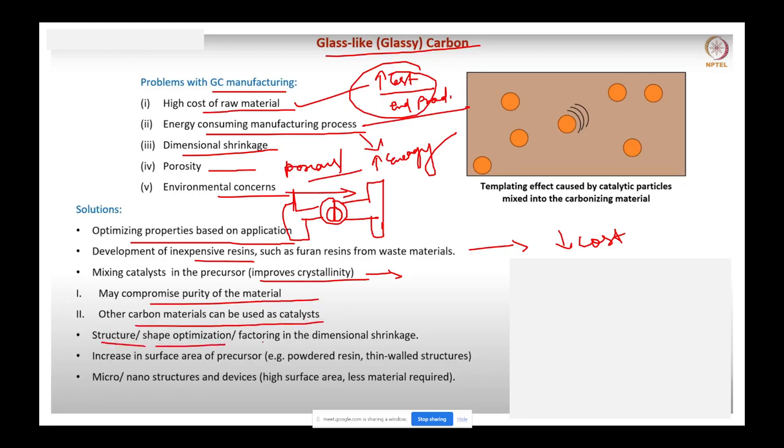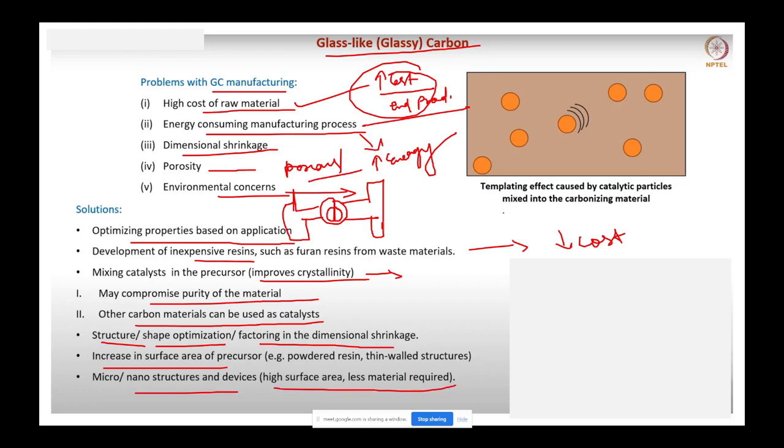Structure shape optimization: factoring in the dimensional shrinkage, increasing the surface area of precursors, and micro nanostructures and devices, because of high surface area and fewer materials required.